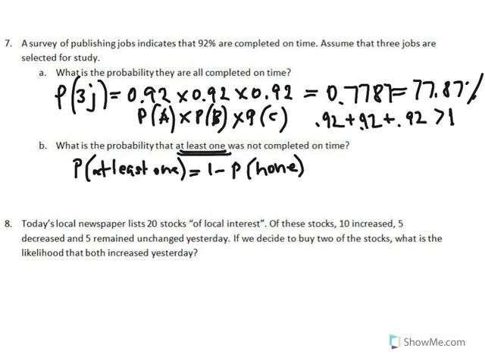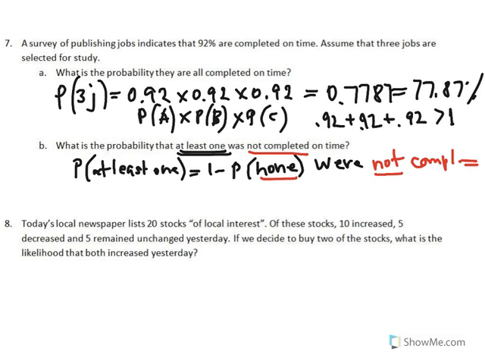Now, there's another thing here that we need to understand. None were not completed on time. Alright? So none were not completed on time is a double negative. None and not.